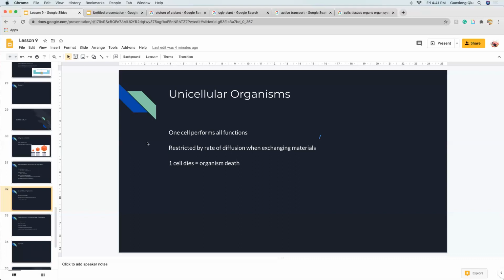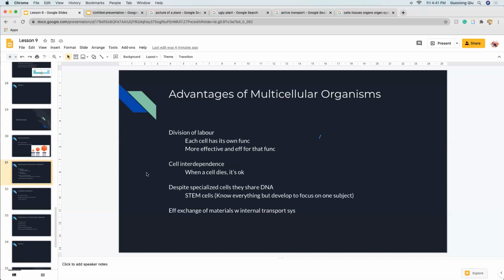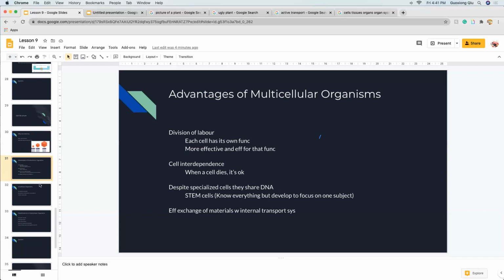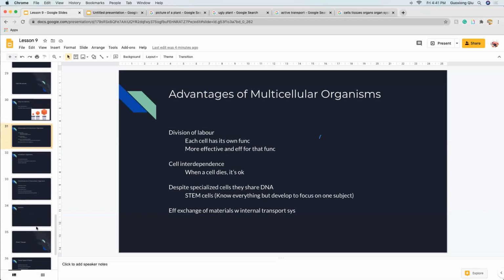Now I know everything, and knows kind of surface-level information. So it does everything, but not very well, since it doesn't know that much. Whereas your specialized cells in your body don't have as many functions, but the function that they do perform is more efficient and much more effective.